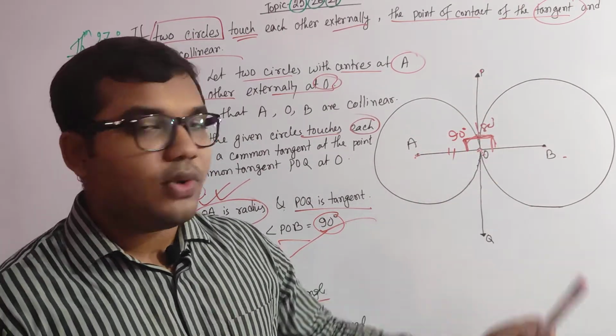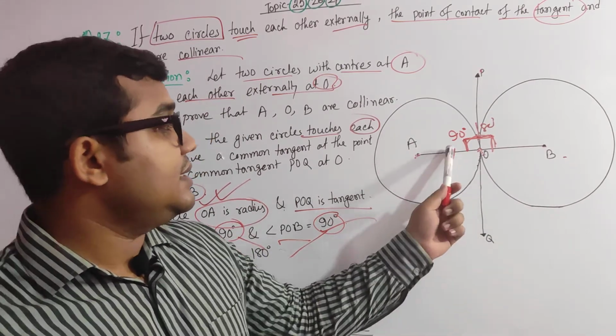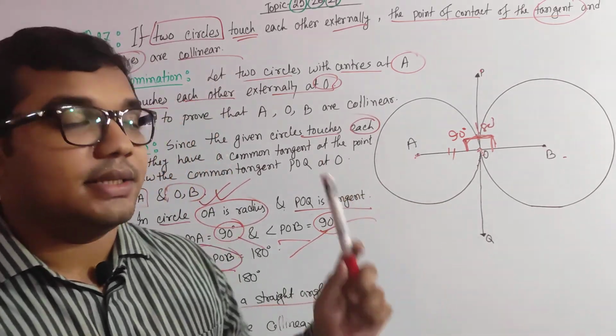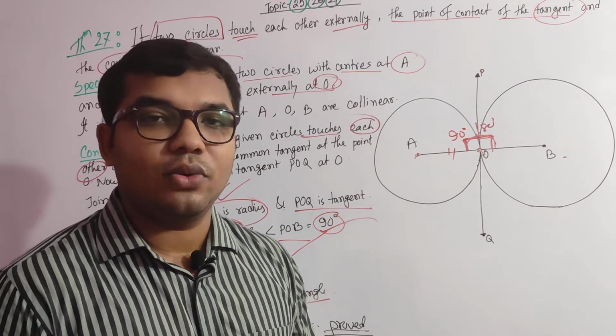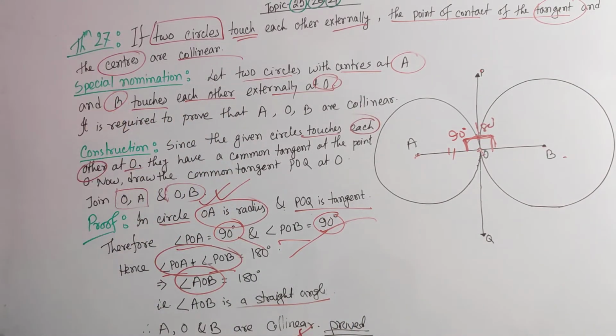If we add these two angles, angle AOB equals 180 degrees. Since it is a straight angle, AOB is collinear. That's how we can solve theorem number 27.